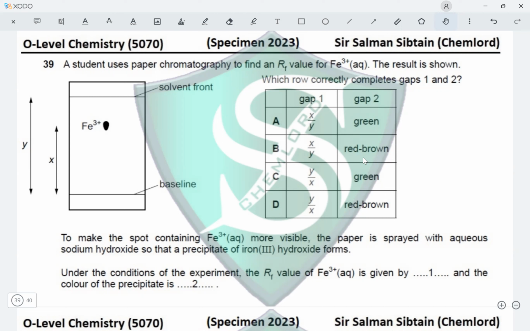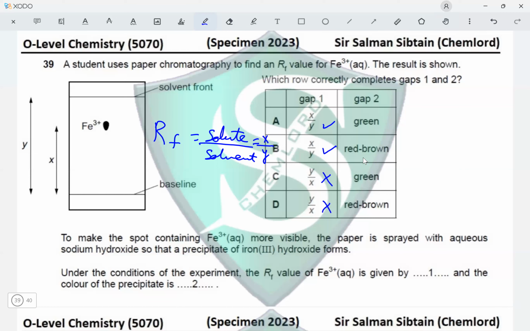So, RF value is the distance traveled by the solute upon the distance traveled by the solvent. Here, solute travels a distance x and solvent travels a distance y. So options A and B have x upon y in them, making option C and D incorrect.